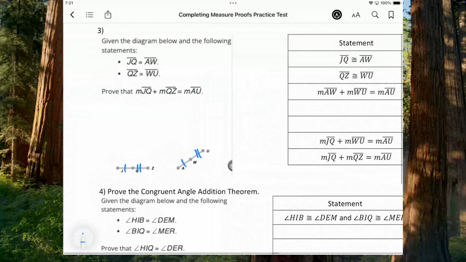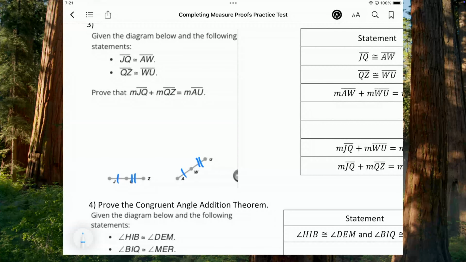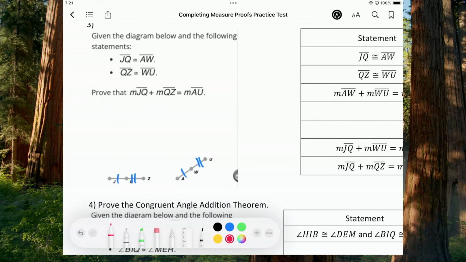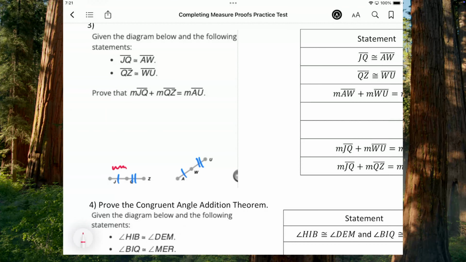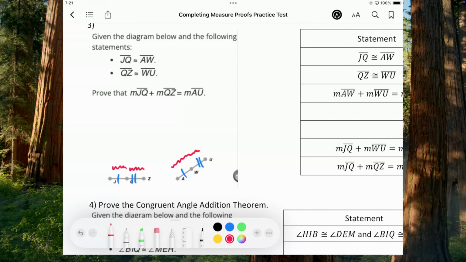And we are asked to prove that JQ plus QZ, so this piece plus this piece, is equal to this whole thing. And that would make sense, because if the two line segments on the left are congruent to the two line segments on the right, and we add them up, they would add up to be the same thing. And that's what we're going to prove.